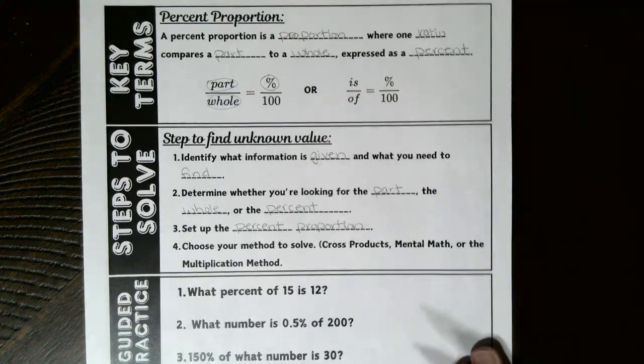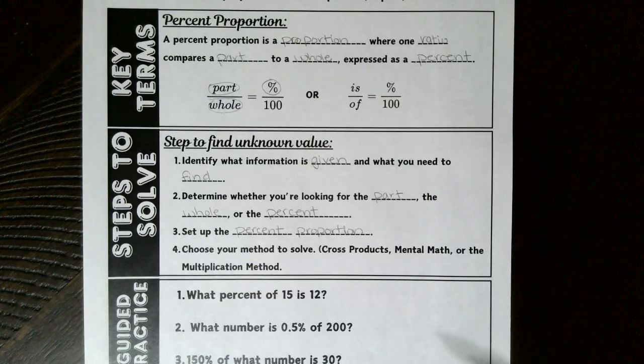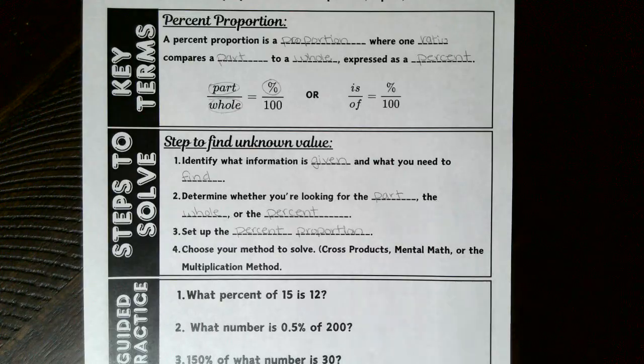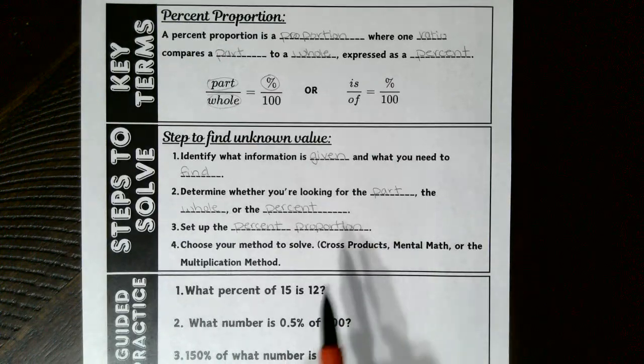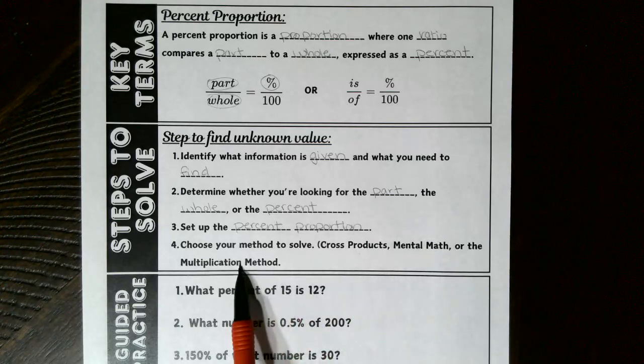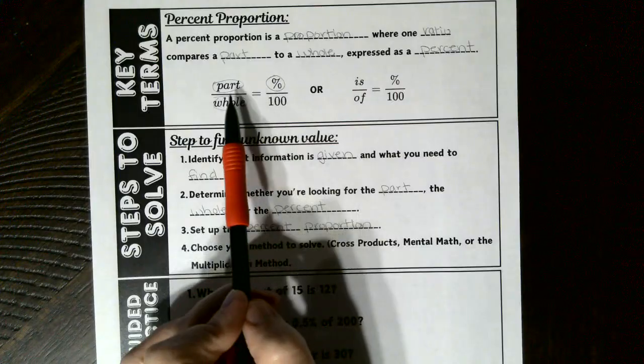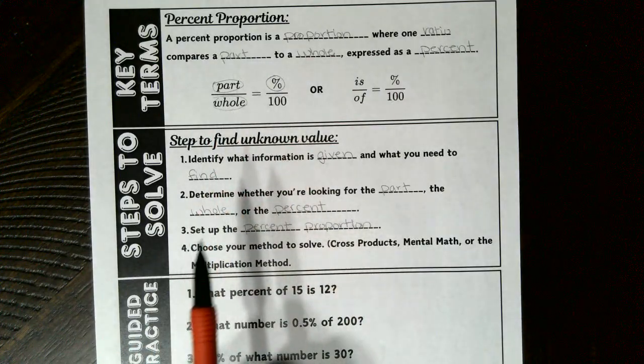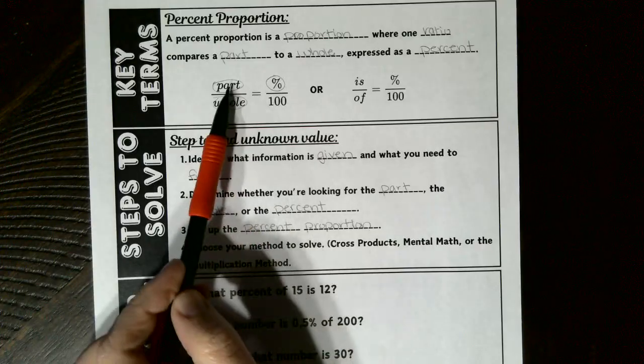So if you remember in Unit 5, we learned how to do cross products. You were actually in one of the sections, you were given the option to choose your method. So you could choose cross products, mental math, or the multiplication method. That will apply here because if you notice, this setup looks very similar to what we learned in Unit 5.